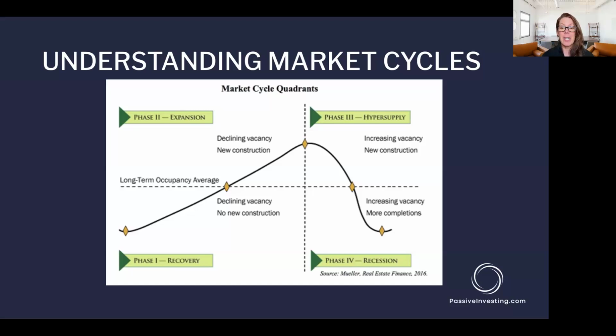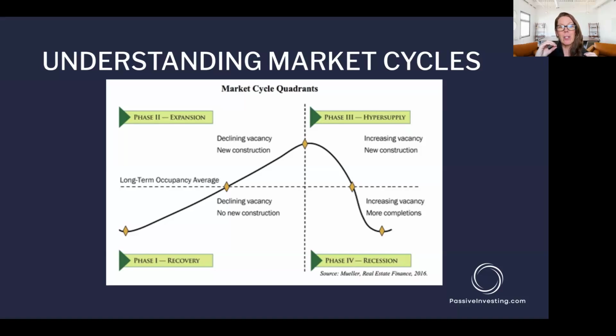All right, and then we start hitting into the contractionary part of the cycle or recessionary part of the cycle. Okay, we start seeing more increased vacancy, but also we're starting to see a lot more supply absorption. Now here's the interesting thing, and I don't know if you can really delineate this nuance. The recovery and expansion cycles tend to be a little bit longer in a time period.